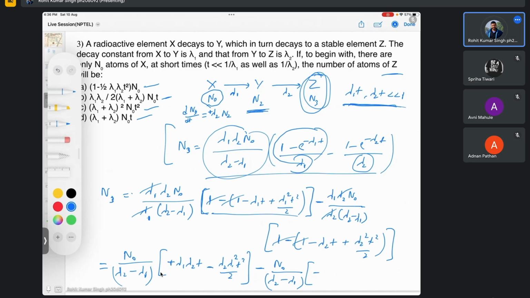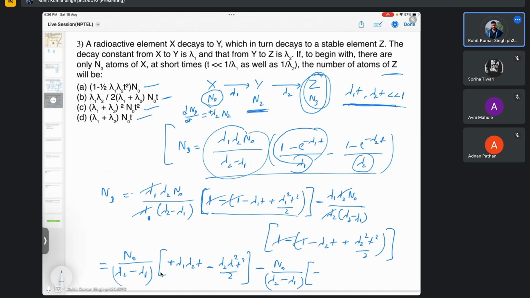Yeah, and here also we have lambda 1 lambda 2 t minus lambda 2 square t square by 2. Okay, sorry, lambda 1 multiplied. So far so good.